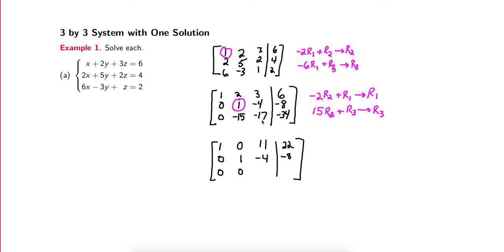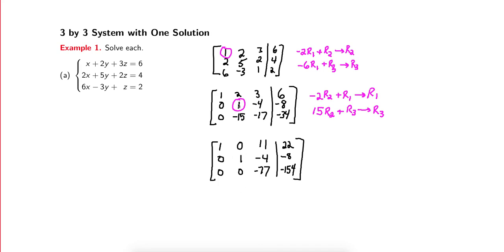Negative 60 minus 17 is negative 77. Yikes. All right. And then, let's see, we have 15 times negative 8 is negative 120. Negative 120 minus 34 is negative 154. So some large numbers there. But at least we got the second column set.